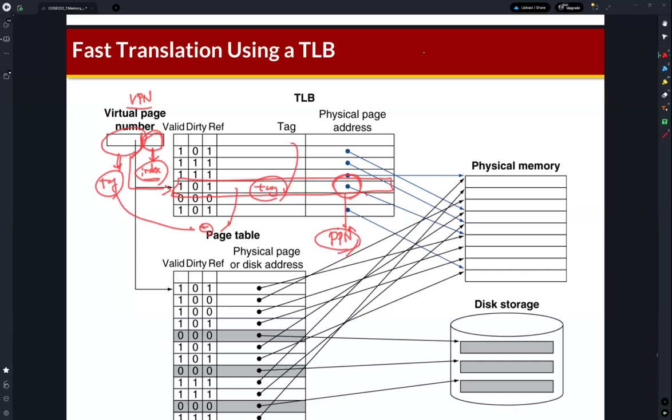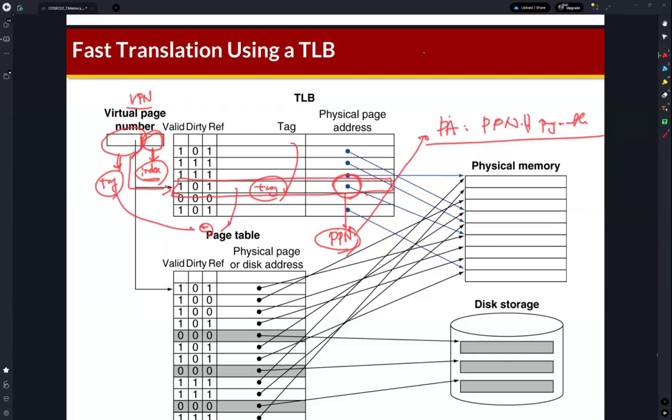Then we can translate, and get the physical address, the PPN concatenated with the page offset, right? Then using this physical address, we can access the memory hierarchy.